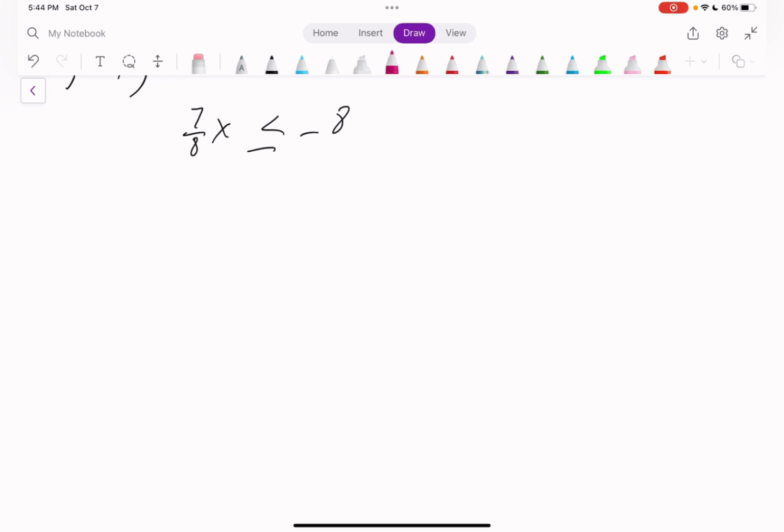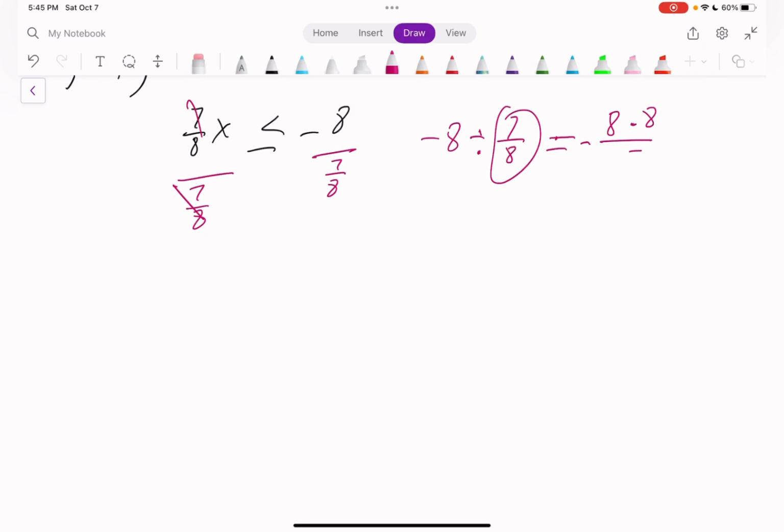We need to divide by 7 over 8. This will be gone. Now, negative 8, I am dividing by 7 over 8. Remember division by a fraction? We flip the second fraction and do multiplication, meaning negative 8 times 8 over 7. And it's going to be negative 64 over 7.